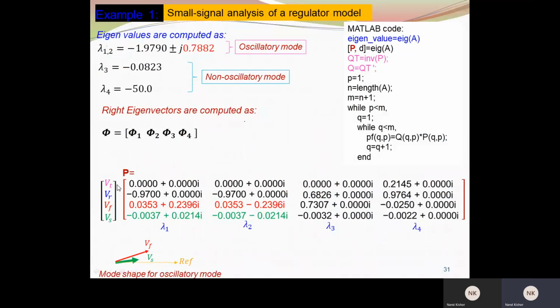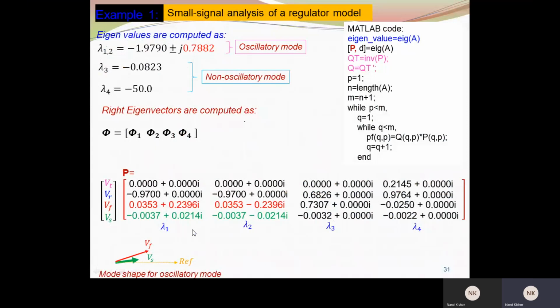So what we find here is that along the row vectors, we have the four state variables. And along the column vectors, we have the representation of the eigenvalues. So lambda 1 and lambda 2 are oscillatory modes, and 3 and 4 are non-oscillatory modes, represented as the column vectors here.